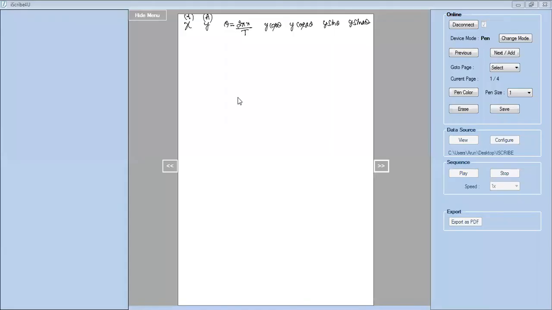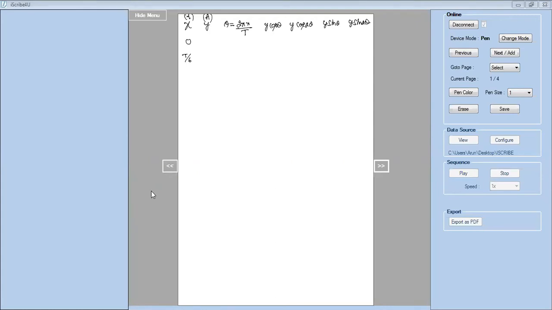So now let us prepare a table for this. So a table should contain x, y, theta, which is 2 pi x by t, y cos theta, y cos 2 theta, and all these things. So let us enter the data. So you know the values of x are 0, t by 6.